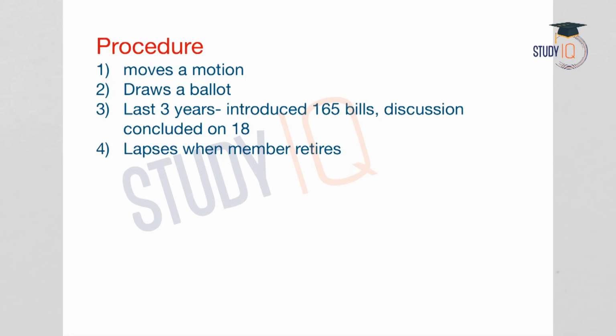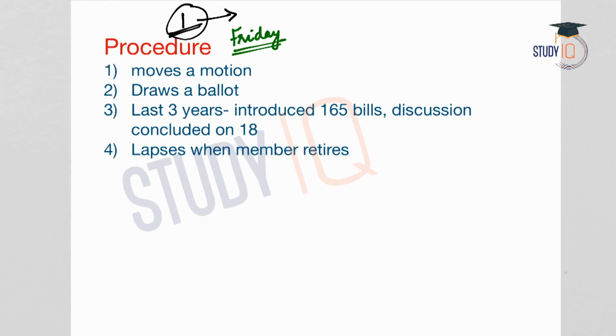Now let us check the procedure of introduction of a private members bill. We have seen the private members bill can be introduced only on a Friday. So 1 month's notice has to be given, and it has to be admitted by the speaker or the chairman.